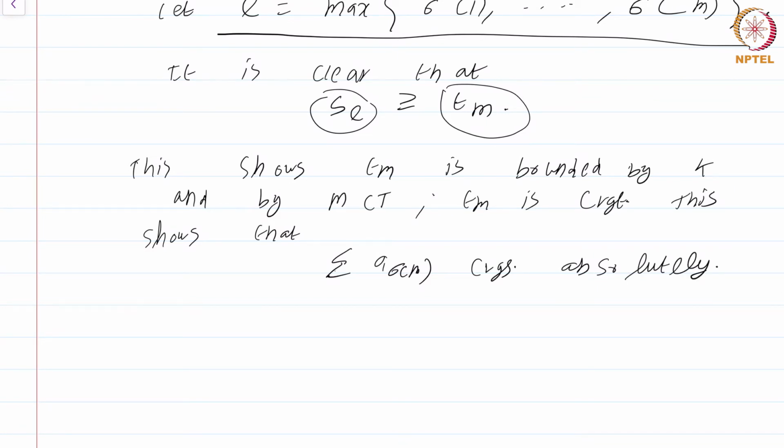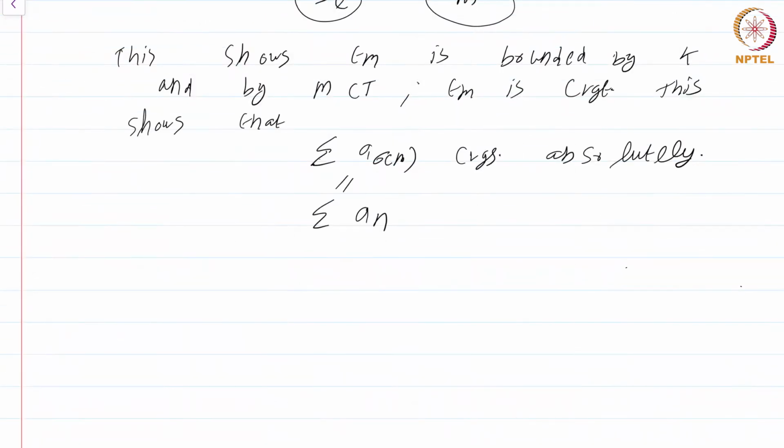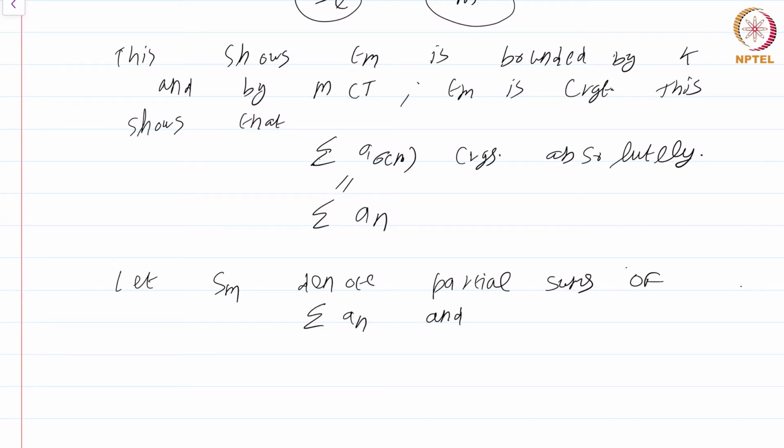Now, this doesn't finish the proof. We still have to show that this converges to the same thing as summation a_n. Now we reuse notation and let S_m denote partial sums of summation a_n and T_m that of summation a_{sigma(n)}.